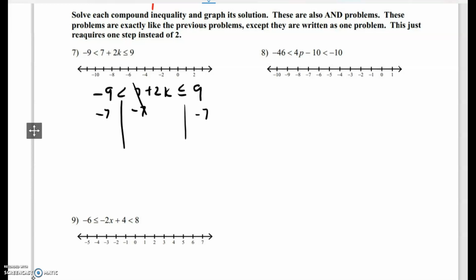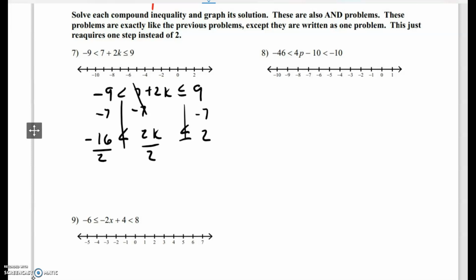So the negative 7 eliminates here. Negative 7 minus 9 is negative 16. Still have your less than sign here. We've got 2k. We have less than or equal to. And then 9 minus 7 gives us 2. Now I want to get rid of the 2. So I'm going to divide everything by 2.